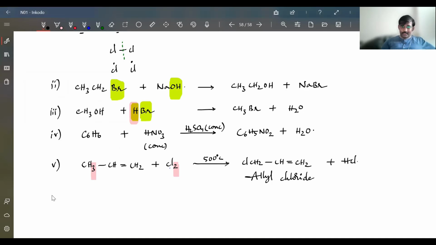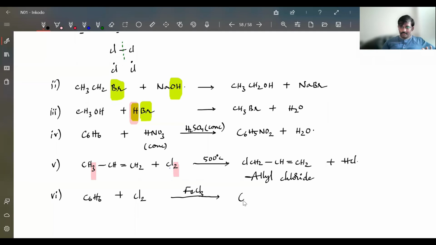Similarly, when I take benzene once again and it is reacting with chlorine, now in the presence of FeCl3, ferric chloride, this combination of chlorine plus ferric chloride produces Cl plus ion.